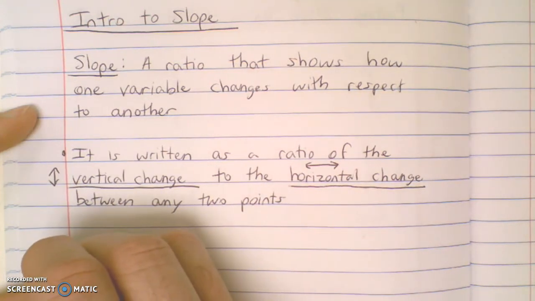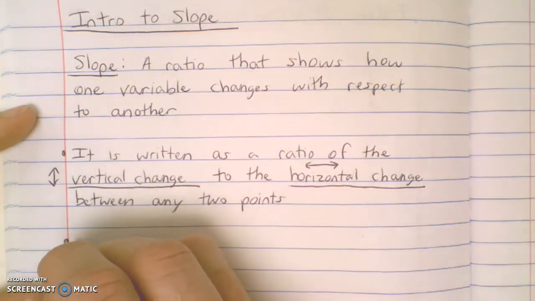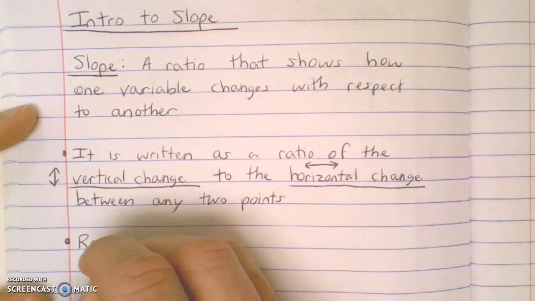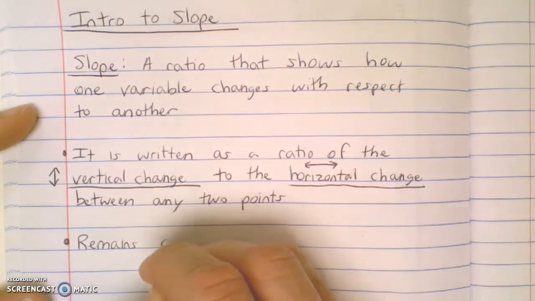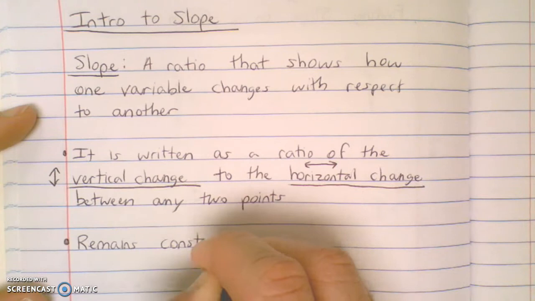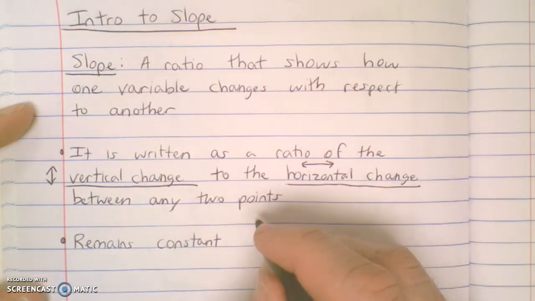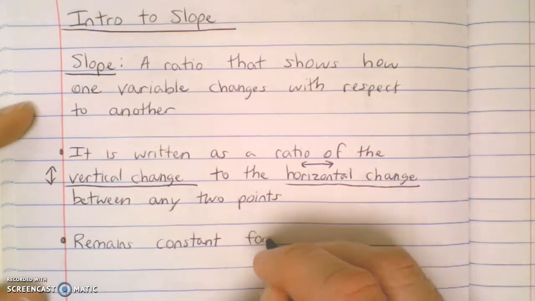When you are dealing with slope, slope remains constant, or the same, for any 2 points on the same line.